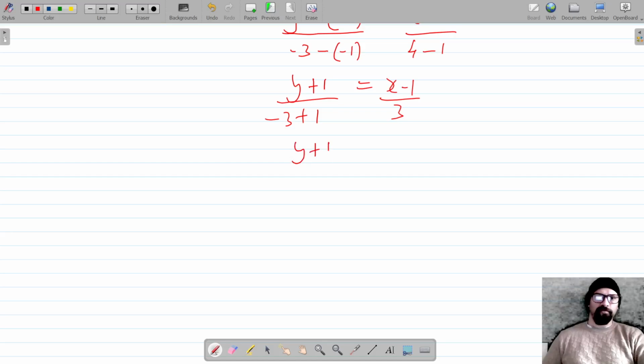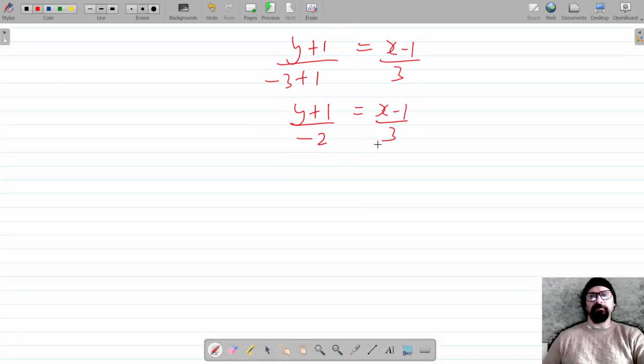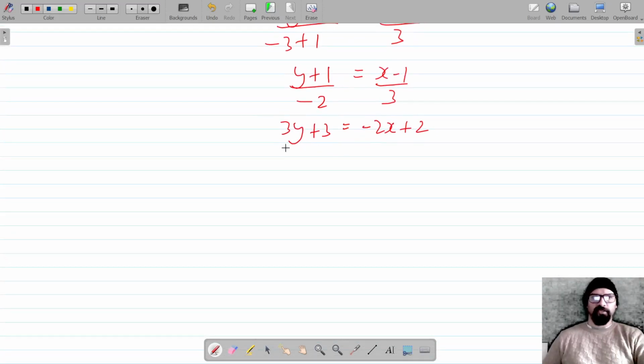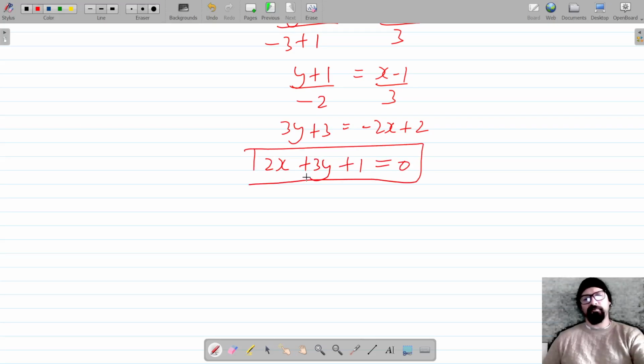So y plus 1 upon negative 2 is equal to x minus 1 by 3. So this is 3y plus 3 is equal to negative 3x plus 2. And let's move them. So this is 2x plus 3y plus 1 is equal to 0. So this is the equation of the median AD.